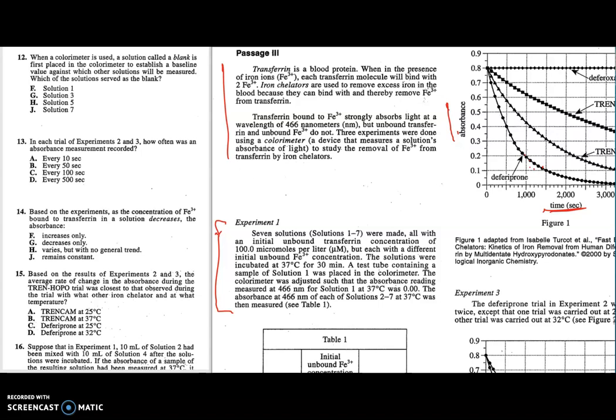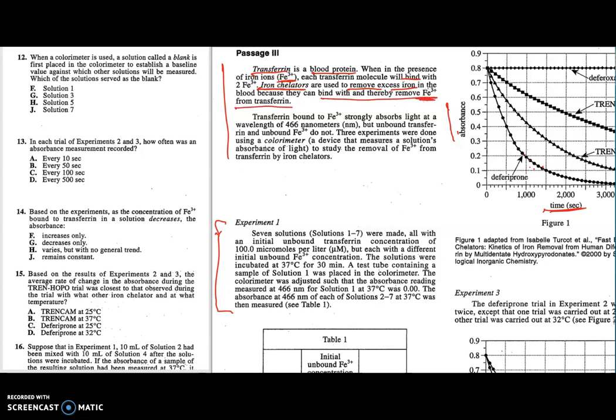Alright, so transferrin is a blood protein. When in the presence of iron ions, Fe3+, each transferrin molecule will bind with 2 Fe3+. Iron chelators, it's italicized, so it's important, are used to remove excess iron in the blood, because they can bind with and thereby remove it.